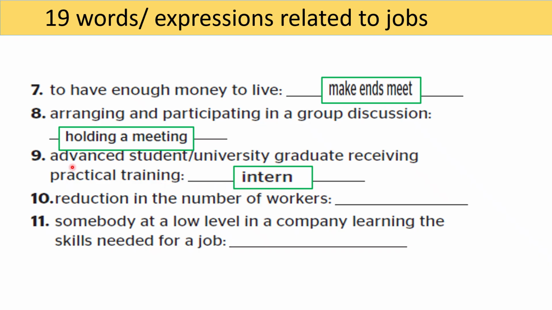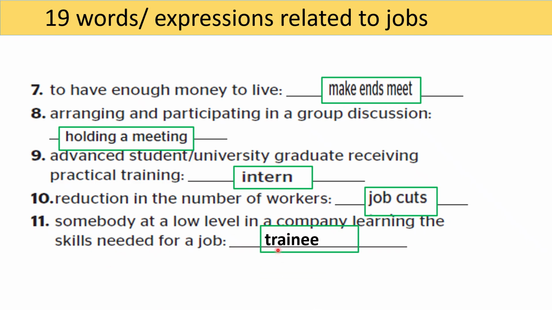So an intern is mainly an advanced student or an advanced university graduate receiving practical training. So here we insist on the word student or university graduate. We saw also the expression job cuts, which means reduction in the number of workers.